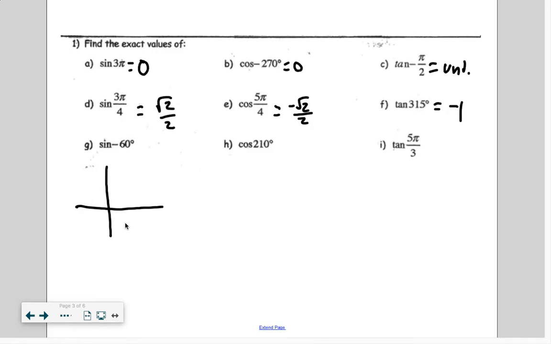Root 3 over 2 and 1/2 often gets mixed up for me, so the way I try to remember it is that 60, if it's positive 60, is shooting up quickly. So that means that the height is going to be more than the base. So in this case, this would be the root 3 over 2, and this would be the 1/2.